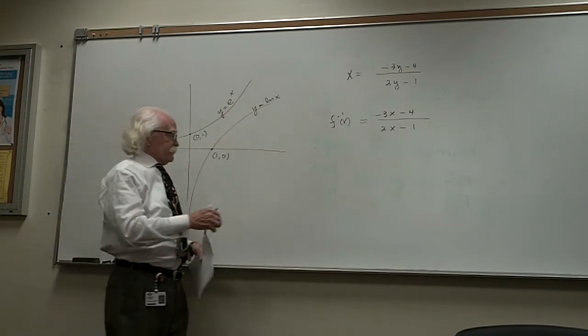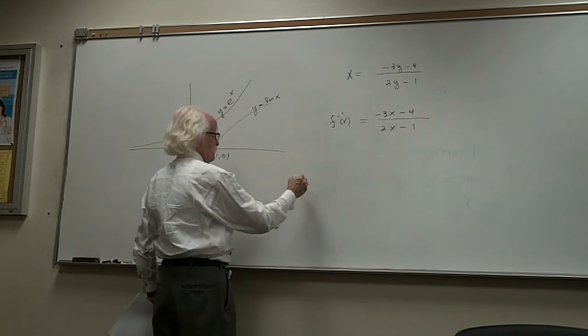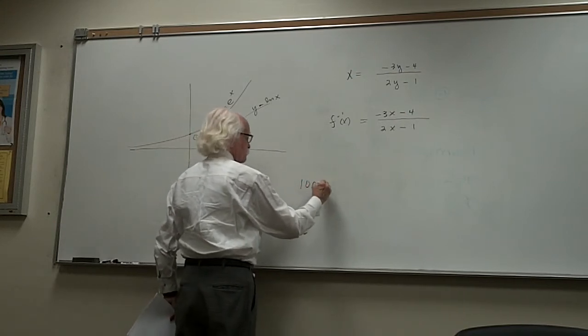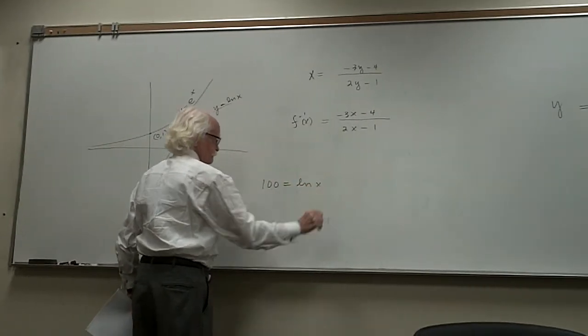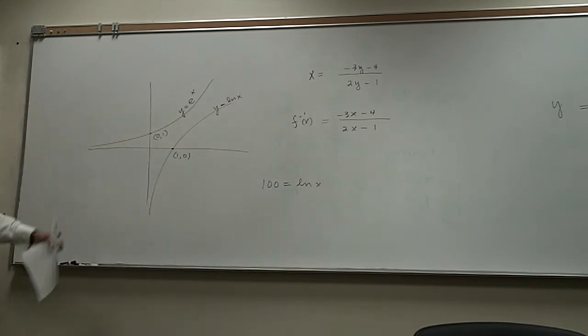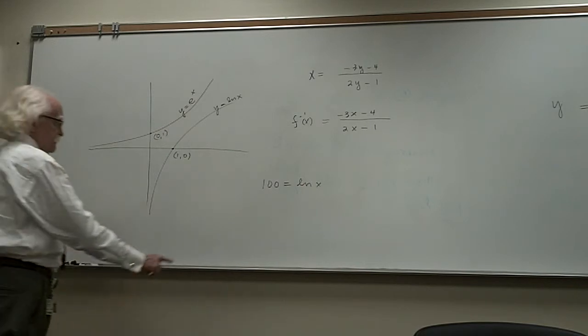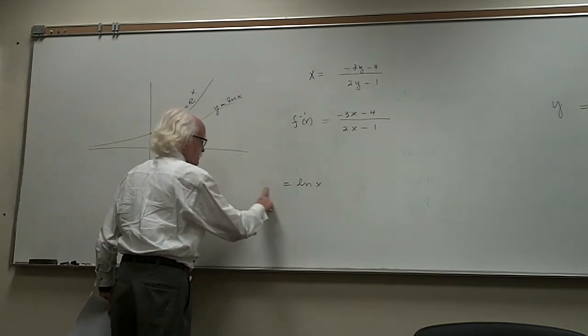If you knew that this was like this, I mean, how do you solve that? How do you solve an equation that looks like that? Or let's make it a little bit simpler than this. Let's make it like this.